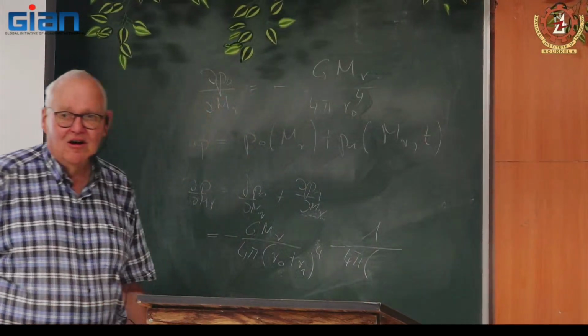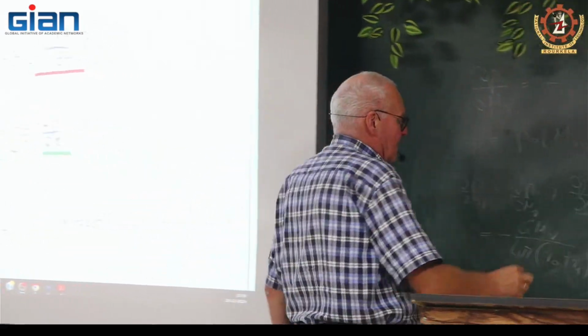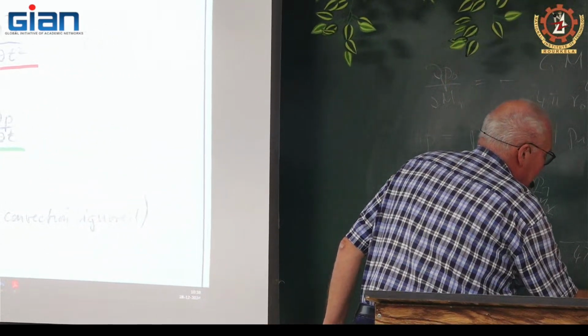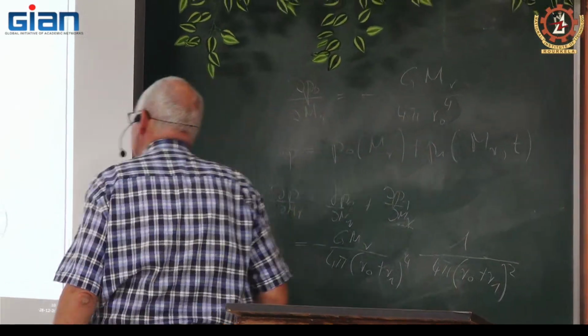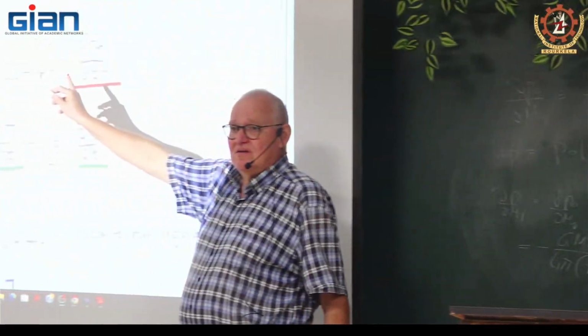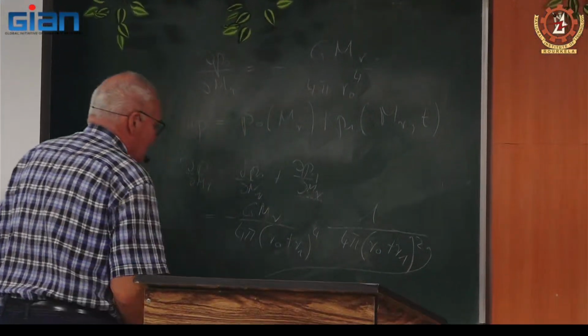We replace r squared by (r0 plus r1) squared, times the acceleration.